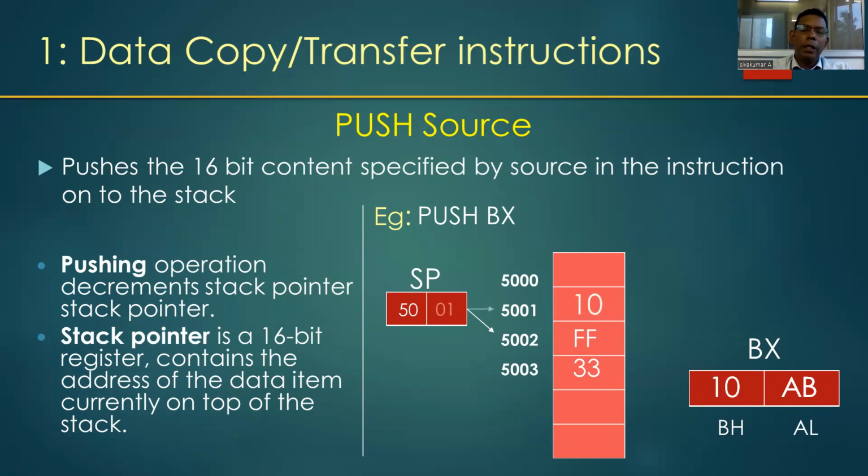So 5001 stores the data, then the stack pointer is decremented by 1, then the lower order byte is stored, then again decremented by 1. Now the stack pointer points to 5000.